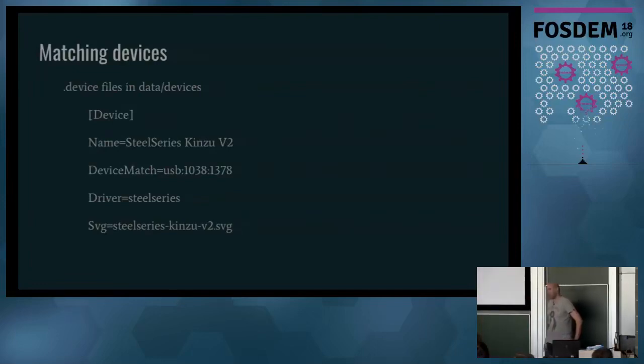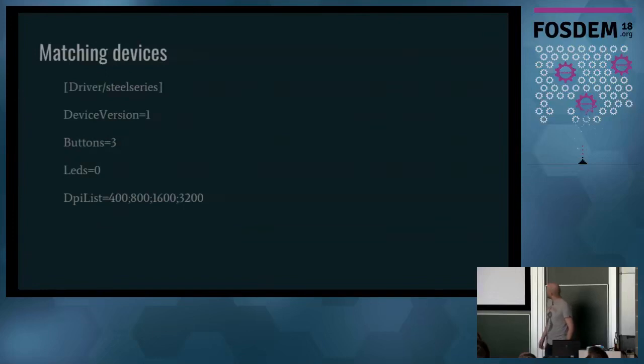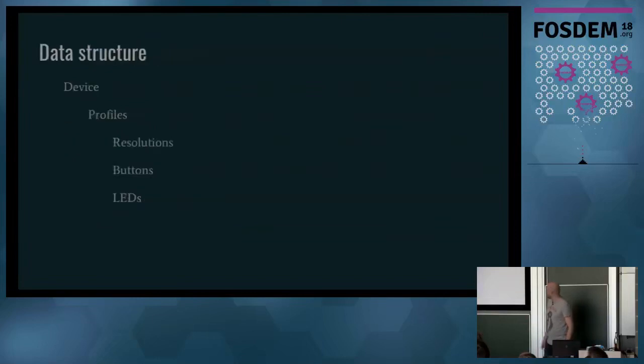You give it a name, which will be for showing in the UI, and then you specify which driver you want to use. In this example, it's a SteelSeries driver, and you also have an SVG, which will be a view of the mouse that we'll look into a bit later. And you can also put extended information in there if you cannot query it on the device itself.